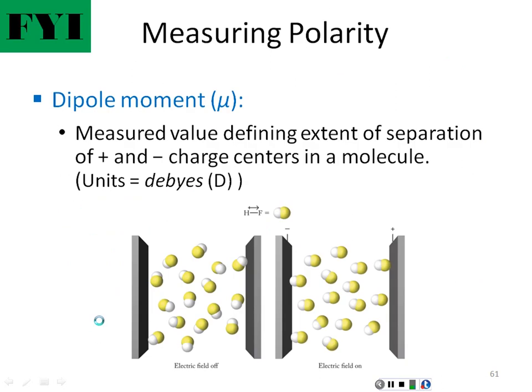Now, measuring polarity, this is just for your information. We have what's called a dipole moment, given by the Greek letter mu, and if you're interested in how that's actually calculated, your book gives you a figure, but we're not really going to be talking in detail about it in this class.